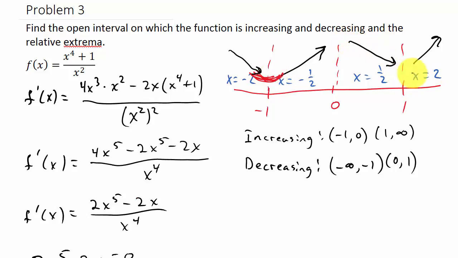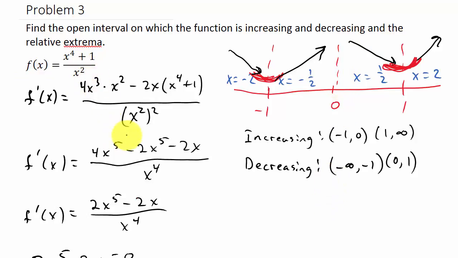And here it's decreasing, and when it gets to x equal 1 it starts increasing, so we have a relative minimum here also. And then here it's increasing until it gets to x equals 0, and then it starts decreasing, but there's not a relative max there because the function is undefined at 0.